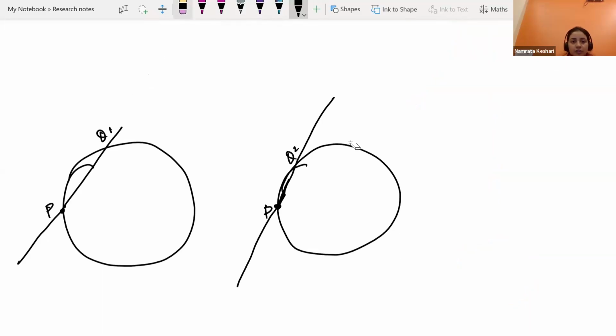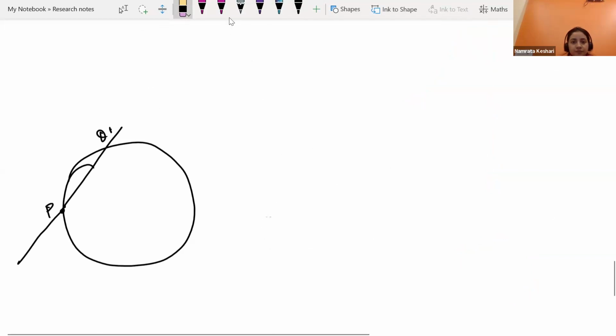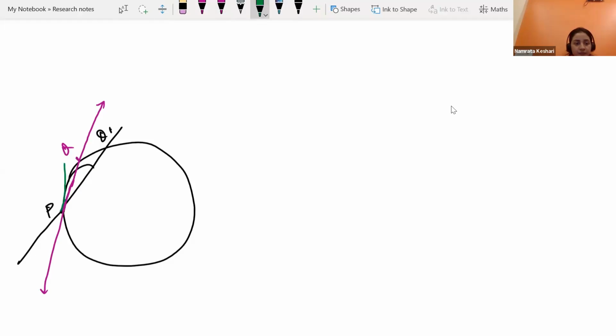Or here only I can draw with different colors. Or it can look like this at Q2, or it may look like this. Right? Yes or no? Yes.